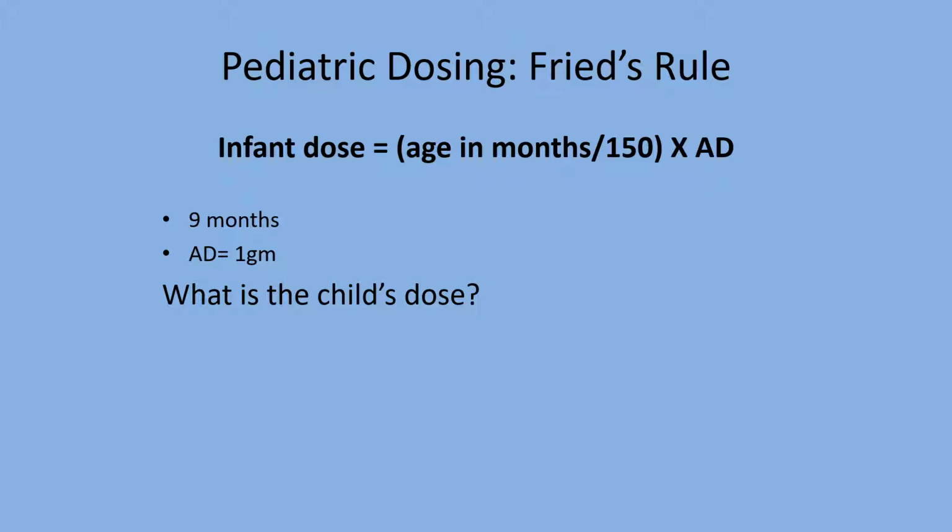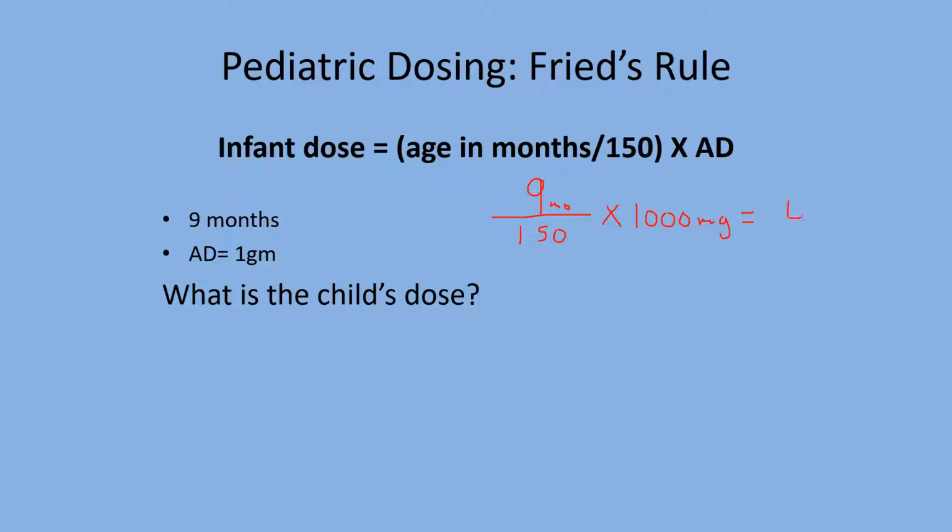All right, 9 months over 150. In this case, the adult dose is 1 gram, which is 1,000 milligrams. So adult would get 1,000 milligrams. How much would this child get? 40?